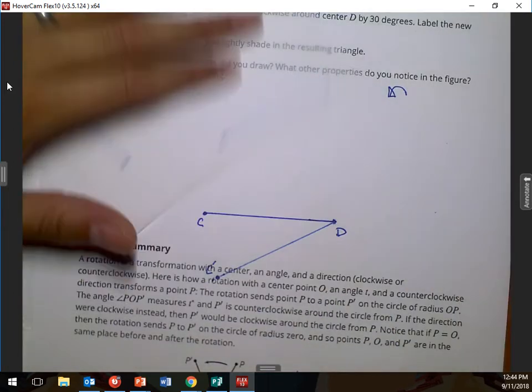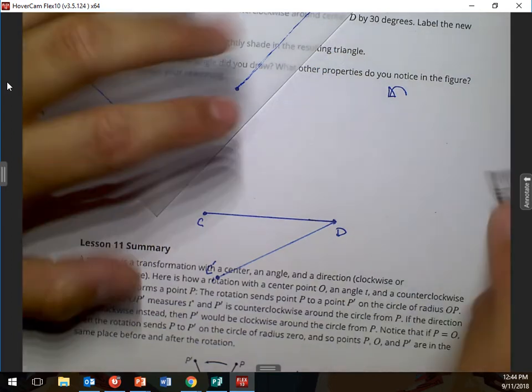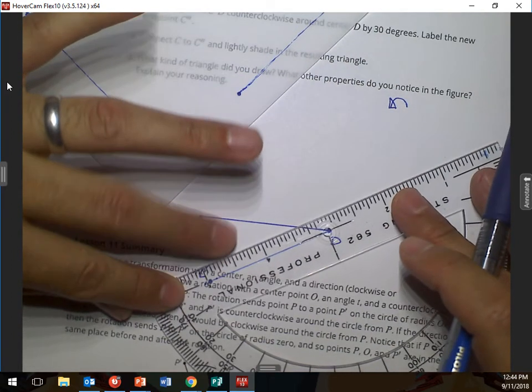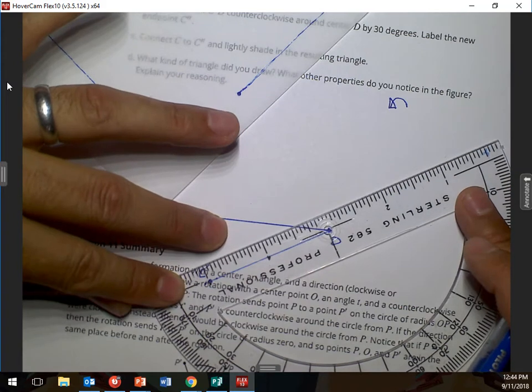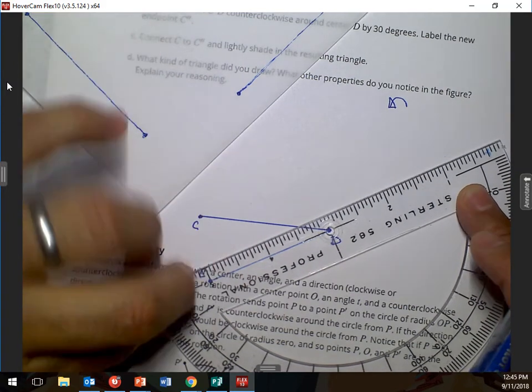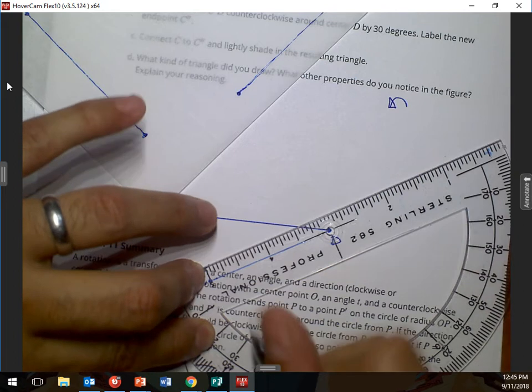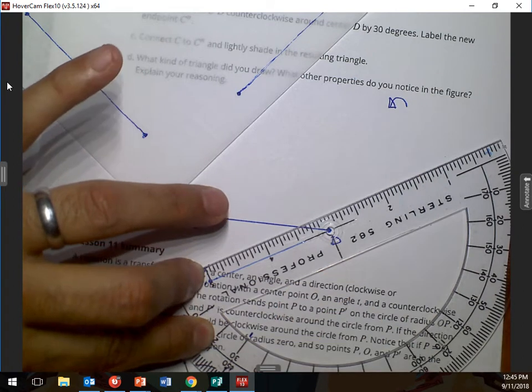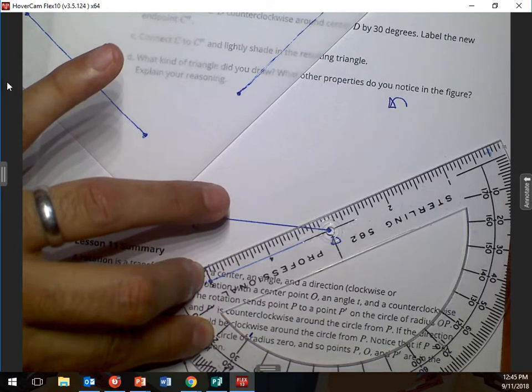So that means I'm going to rotate this one, so I line this up. There we go. So it goes another 30 degrees, doesn't it? Another 30 degrees is going to put me well into my next paragraph.